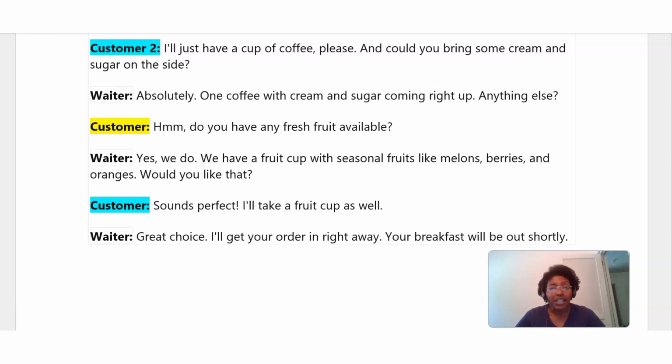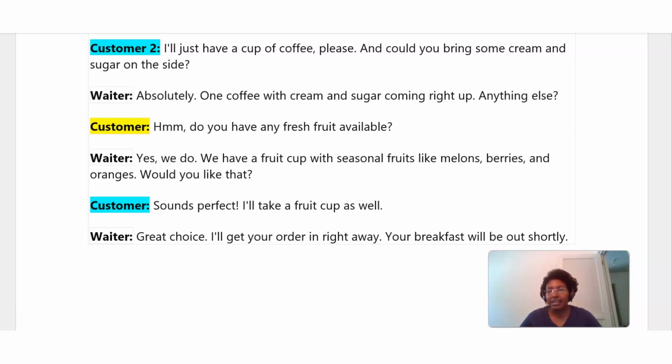"Do you have any fresh fruit available?" Waiter: "Yes, we do. We have a fruit cup with seasonal fruits like melons, berries, and oranges. Would you like that?" "Sounds perfect. I'll take a fruit cup as well." The waiter: "Great choice. I'll get your order in right away. Your breakfast will be out shortly."